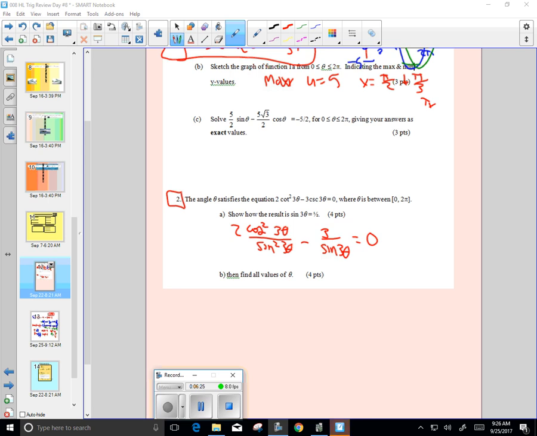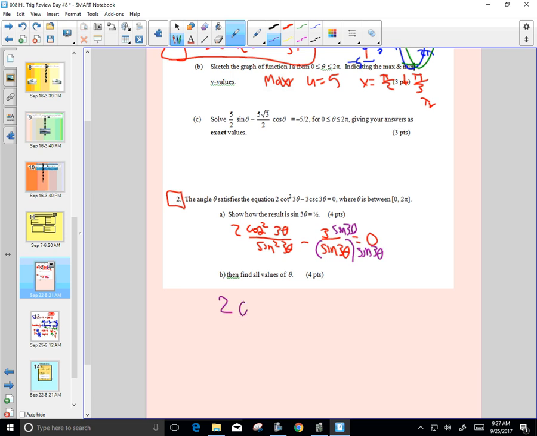Are you okay with that move? Is that all right? What would you do next to be able to deal with these two fractions? I wish, but we can't. We'll just factor. You could. I was thinking of the sine squared in the denominator and sine. How do we handle those two? We need to get a common denominator of sine 3 theta in the top, sine 3 theta in the bottom.